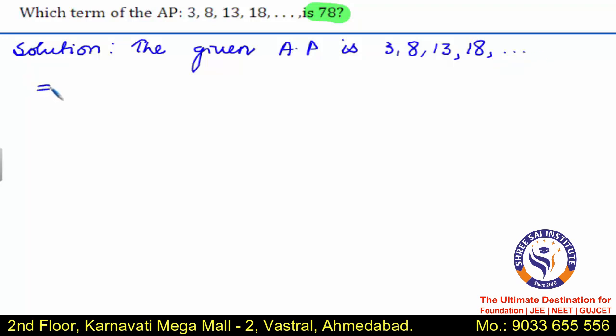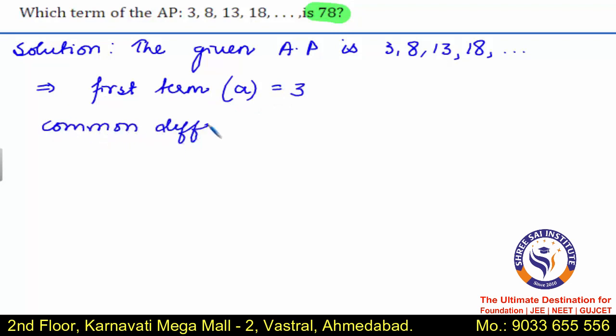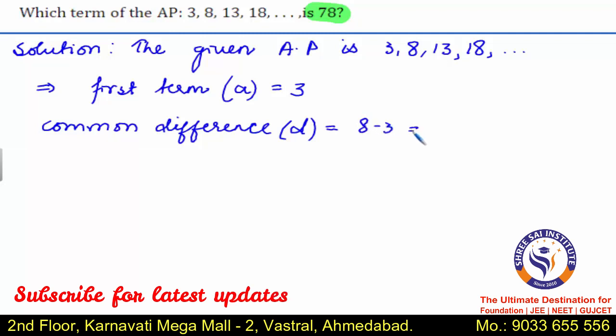This implies that the first term, that is denoted by A, is equal to 3. And now let us find the common difference, denoting it by D, which can be found by subtracting any term from its succeeding term, that is 8 minus 3. So this is equal to 5.